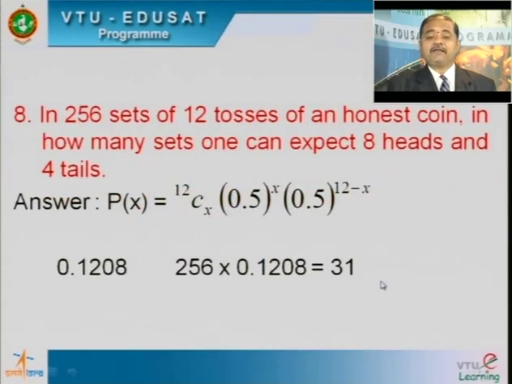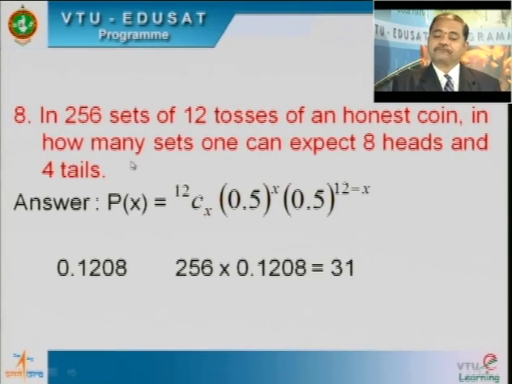One more example, same way. In 256 sets of 12 tosses of an honest coin, a coin is tossed 12 times in 256 sets. In how many sets can one expect 8 heads and 4 tails?